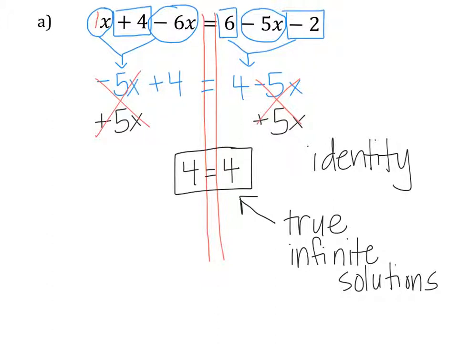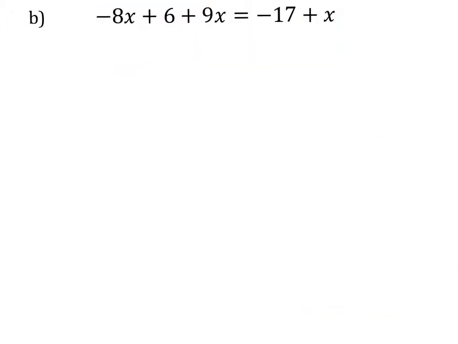We could substitute negative 2.5, we could substitute positive 5, anything will work. Your final answer is that there are infinite solutions. There is one more case where your final answer is not going to be a single number, but it's going to be some words.